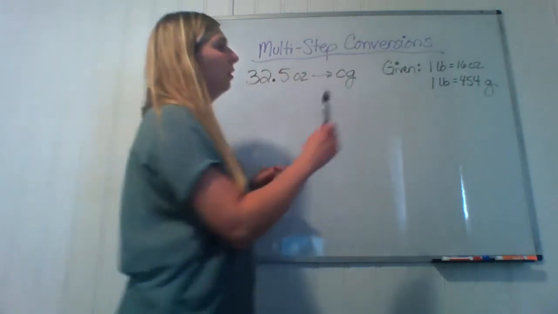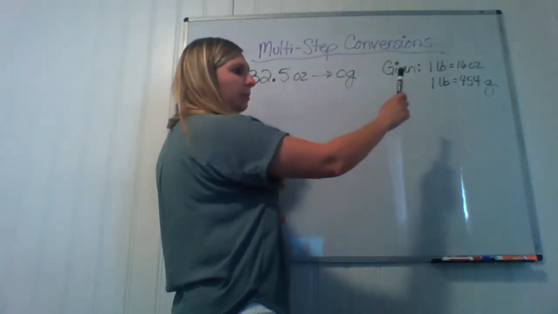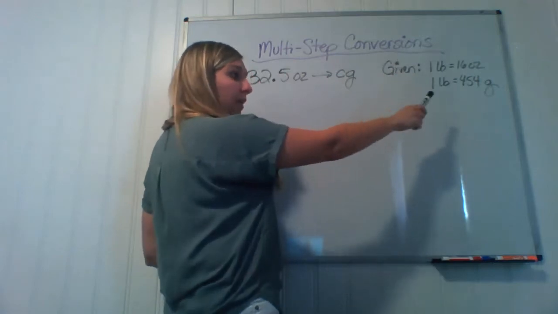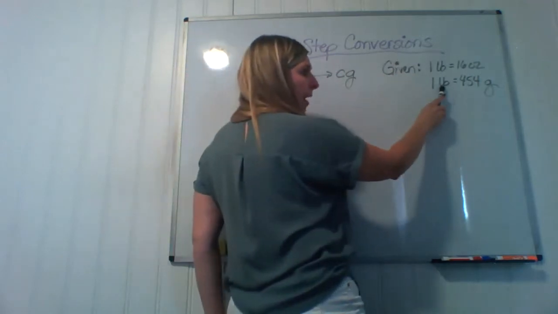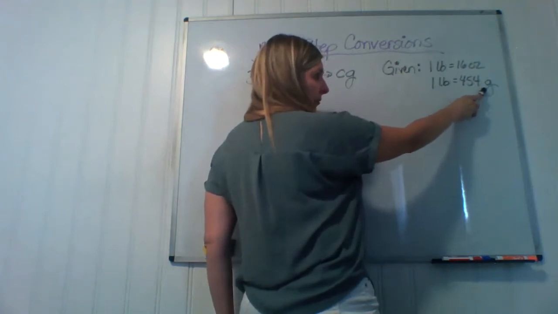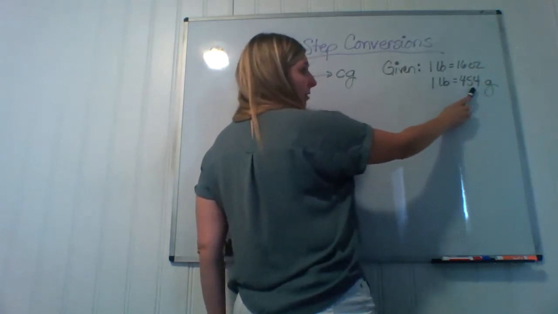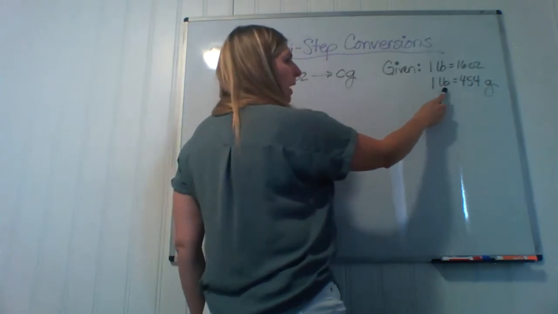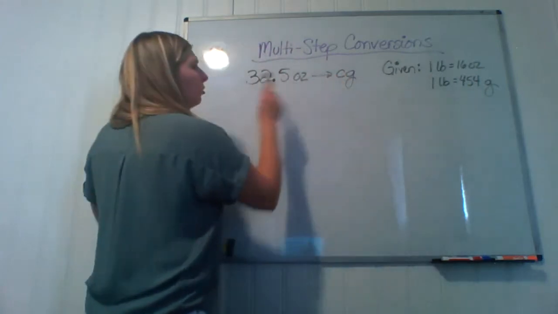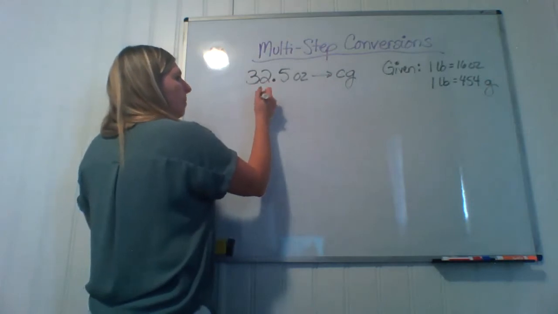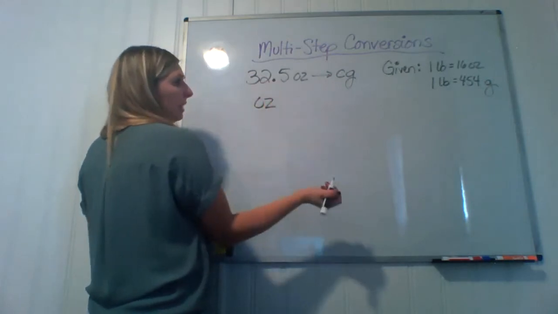Okay, so the information that connects us between the English units and the metric units here is pounds to grams. So that's going to be our connection that we want to get to. But how do we get to pounds? We have to first start with our ounces. So we're going to start with making a plan.